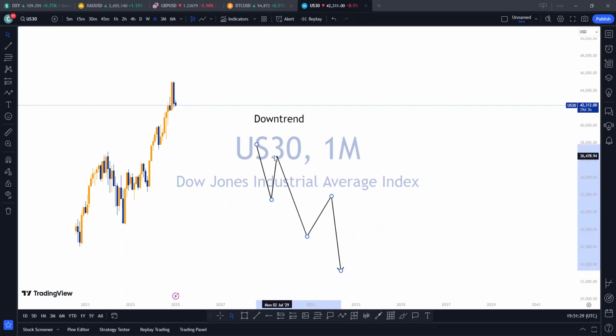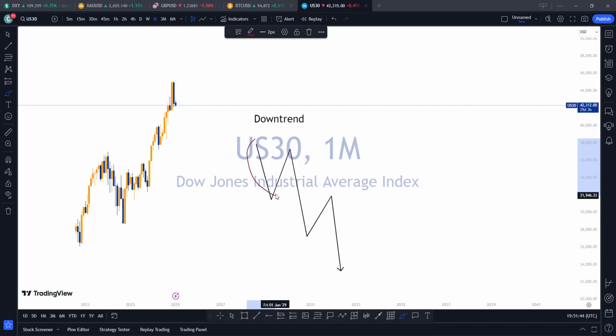So we can see this is an example of a downtrend. How do we know it's a downtrend? We have this impulsive move right here, the impulsive move right here. This is the impulsive move, and this is the correction move.